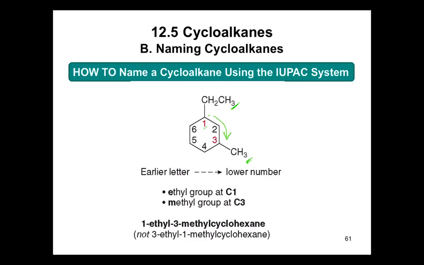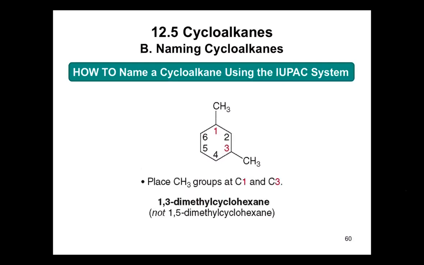And then, on how you write the names kanina, ganun pa din. 1 ethyl, 3 methyl, cyclohexane. Okay po. In case na parehas naman, edi kahit alin yung carbon 1, basta lowest possible number ng substituent. Pwedeng paganyan yung rotation, pwede rin naman paganyan yung rotation. Okay? So, naming pa rin 1,3-dimethyl cyclohexane.